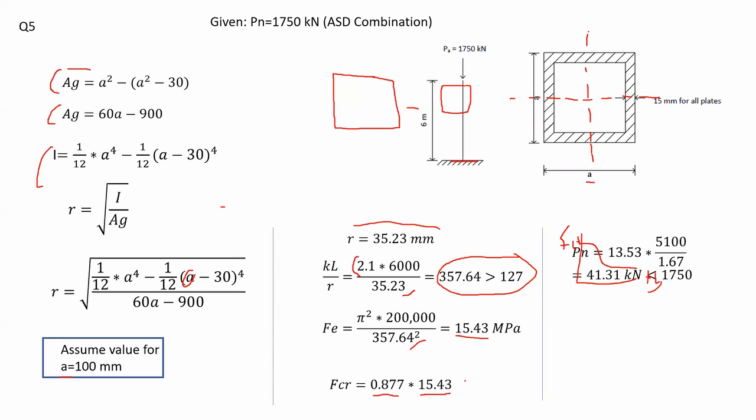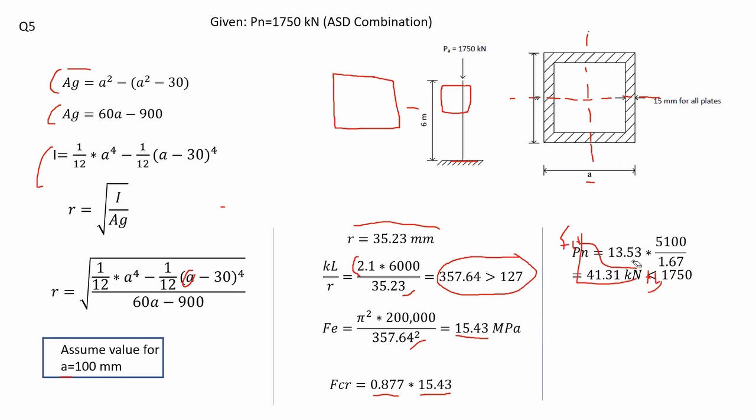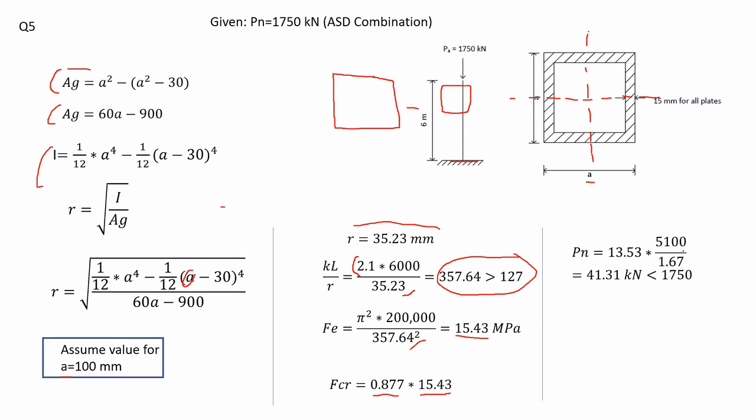Now from here, your FCR would be equal to, give me a second, let me clear things. So now, since I have FCR, it would be equal to actually 13.153 multiplied by, sorry, let me check.